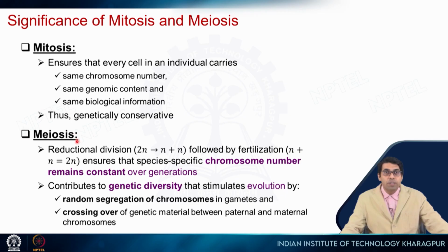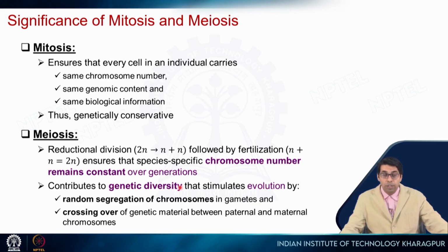On the other hand, meiosis is reduction division. So, it ensures that species specific chromosome number remains constant over generations, right, because reduction division happens and then the sperm and ovum will combine. So, it will again give rise to 2n, right. It also contributes to genetic diversity that stimulates evolution.